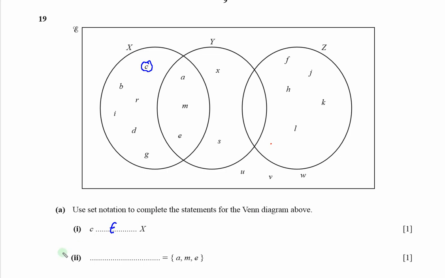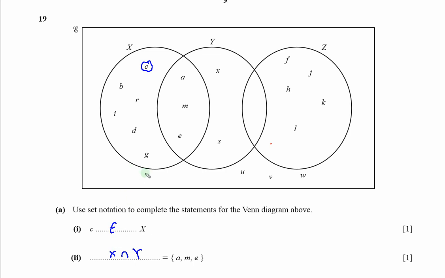Now this one, A and E. This is the zone where X intersects with Y. So what you have to do is first put X intersect with Y. This creates another set.